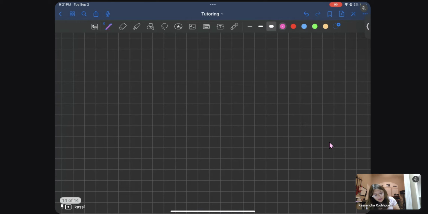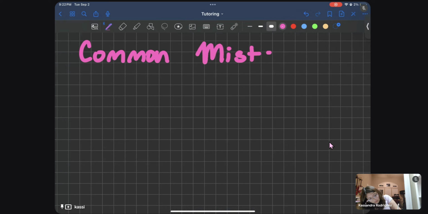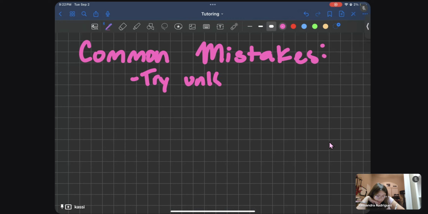Since we're nearing the end here, I want to get to my favorite section, common mistakes to avoid. One big thing that I often see in my students is that they try to combine unlike terms. This can be anything like trying to combine 8x cubed with 2x squared, right?